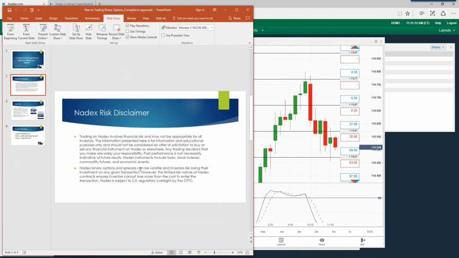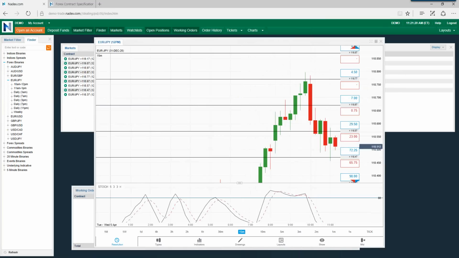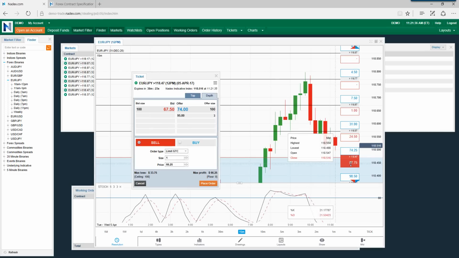And the risk disclaimer does apply to this now. I'm just doing this to teach y'all how to sell a binary option or how to buy a binary option. Okay, if I want to sell, for example, I believe that the euro yen will be below 118.47, I'm going to click the red box.